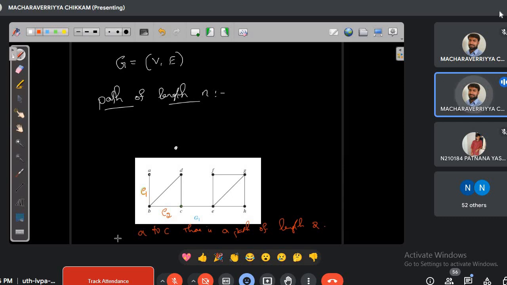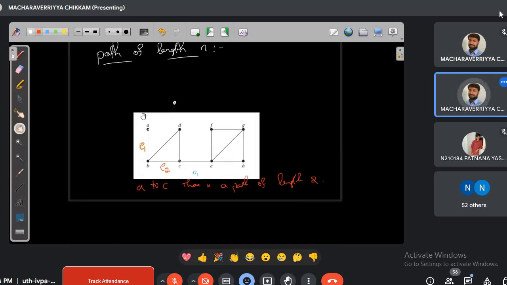Okay, and one more thing you can see, from A to C there is one more path available. What is that path? You can actually travel first A to B, and then you can travel to D, and then you can travel to C. So total how many edges you travel? So this is first edge and second, third, total 3 edges. Therefore this is a path of length 3.